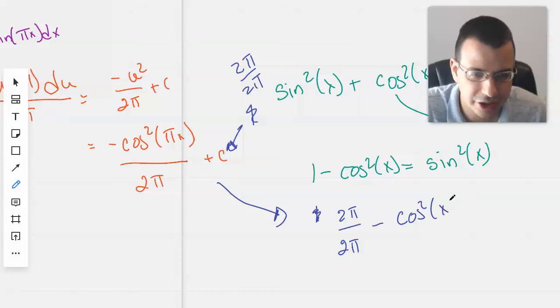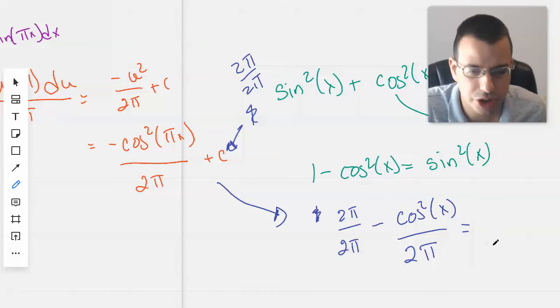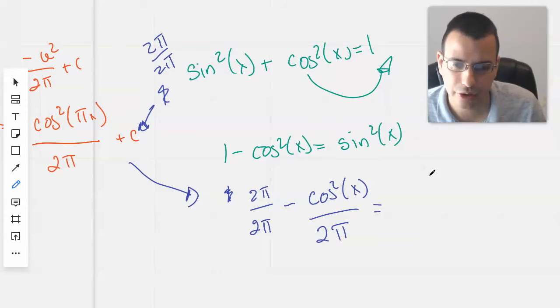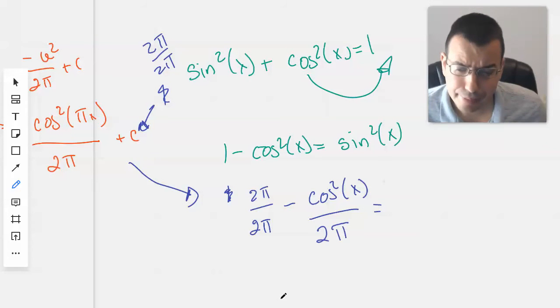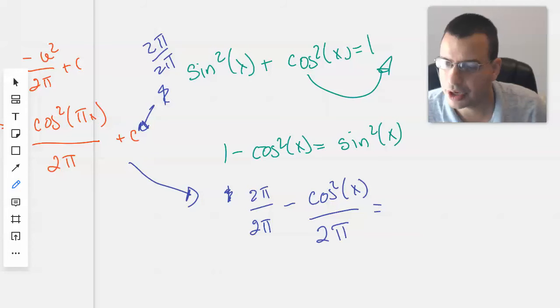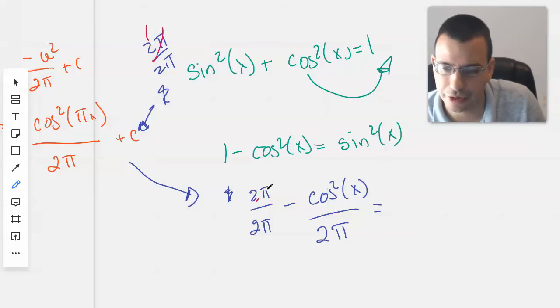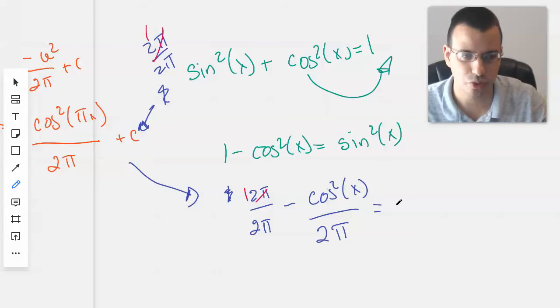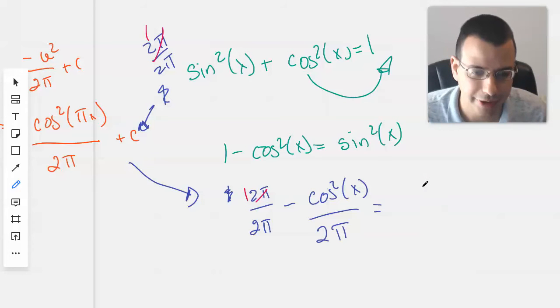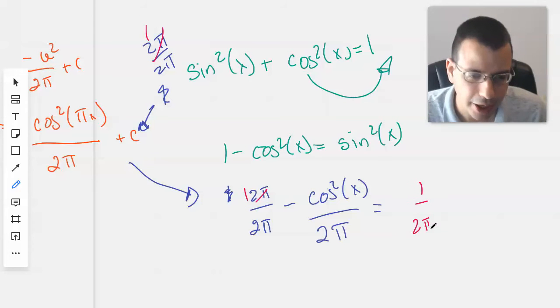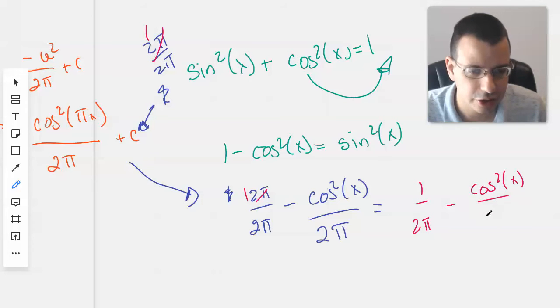Cosine squared of x all over 2 pi, which equals, nope, I'm going to change this again. I'm going to call this 1 over 2 pi. It's a constant, we can call it what we'd like. 1 over 2 pi minus cosine squared of x over 2 pi.